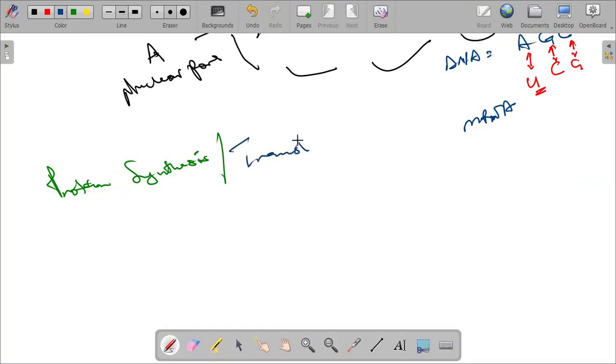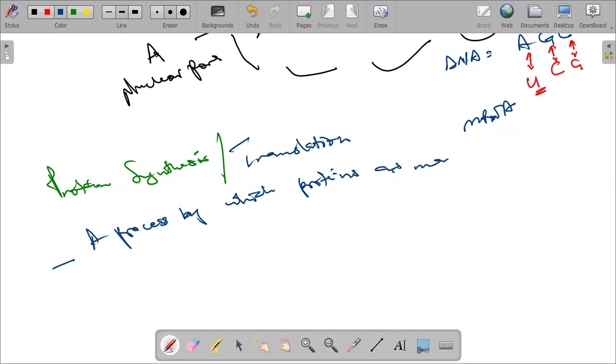It is a process by which proteins are manufactured step by step through the ribosome.